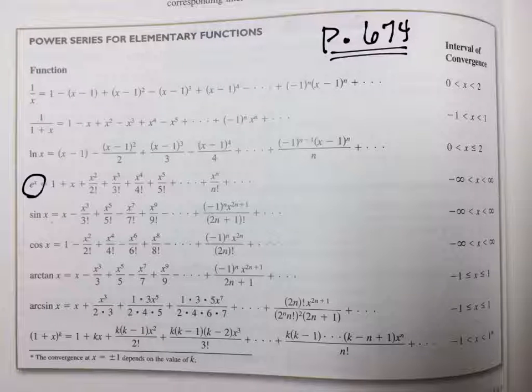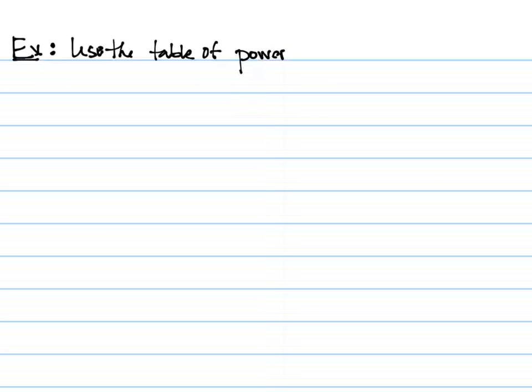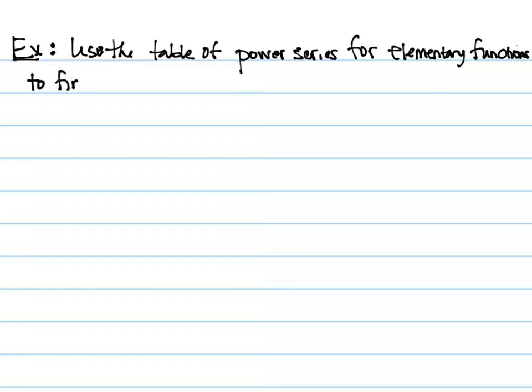So I'll flip my screen so I can give you some directions, but that's the table we're going to be using. So this is going to be: use the table of power series for elementary functions to find the Maclaurin series.